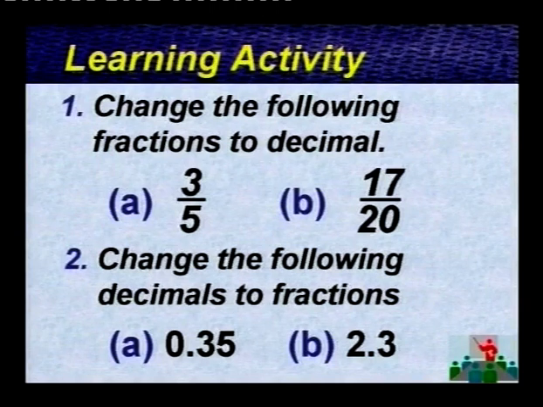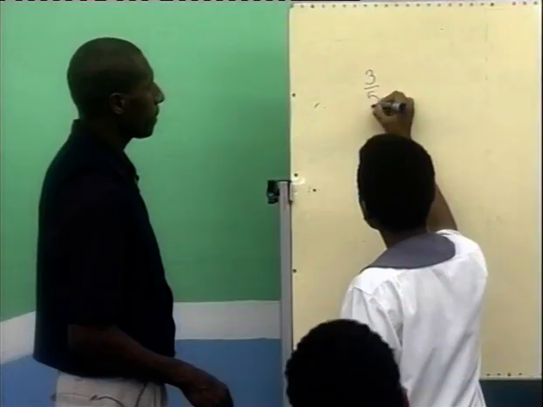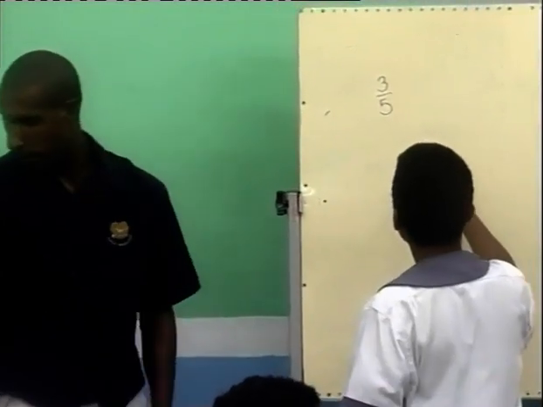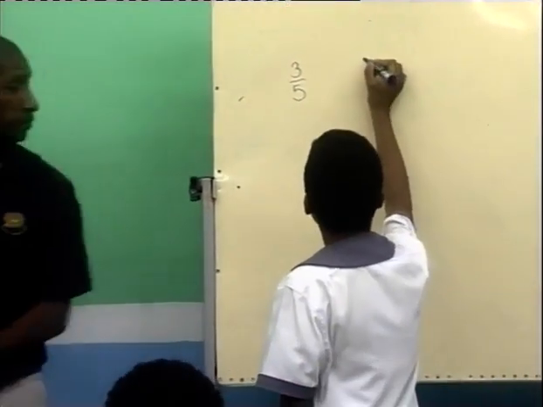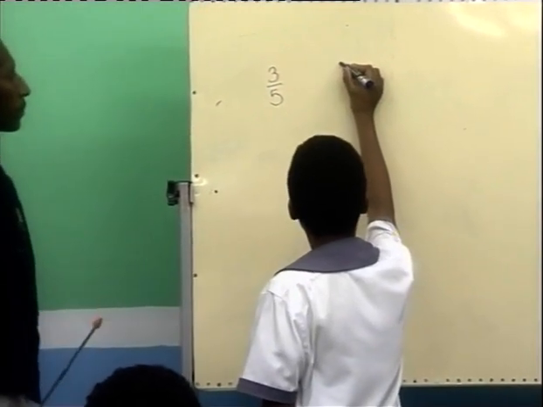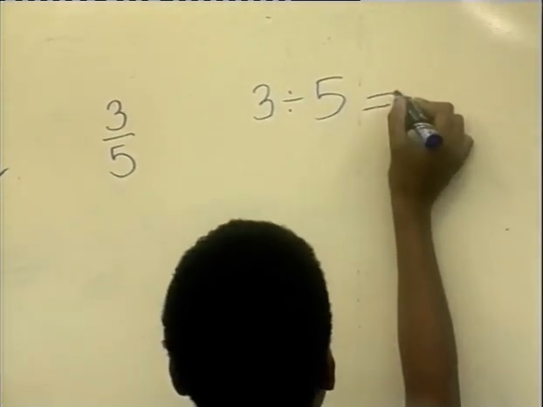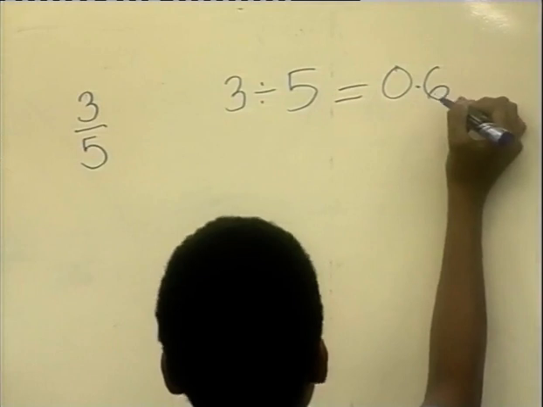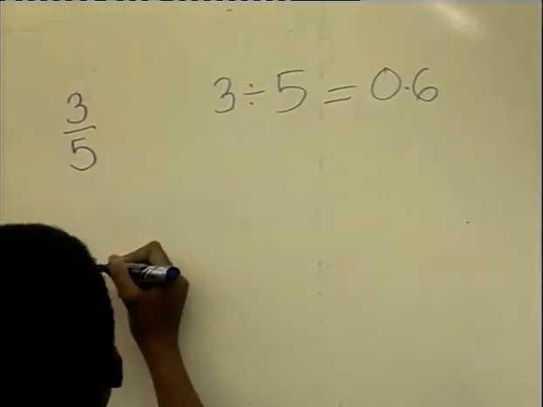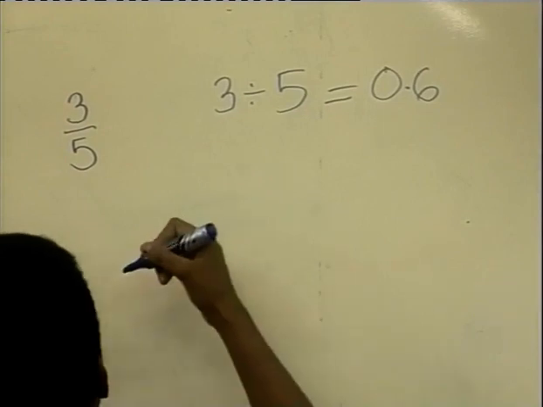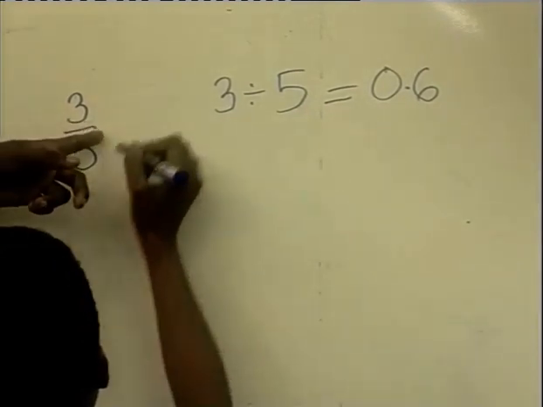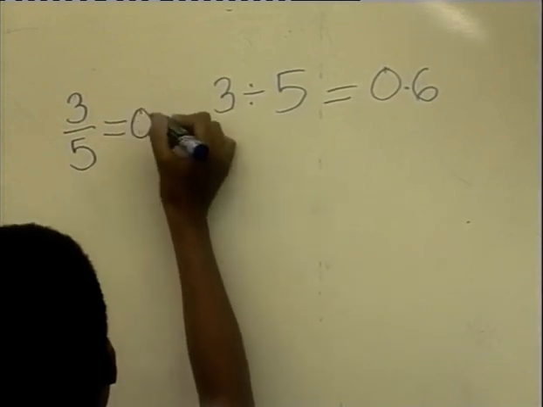Receiving students and ATs, Diane is going to present what her group has got. So can you put the answer 3/5 equal to 0.6 on the board here? 0.6.